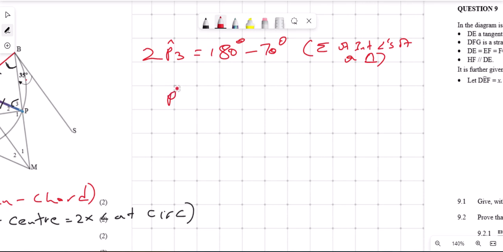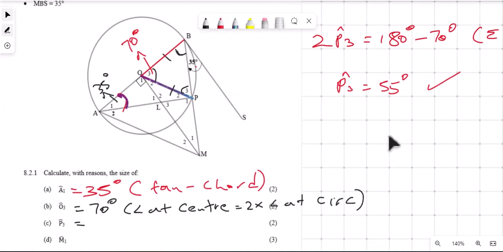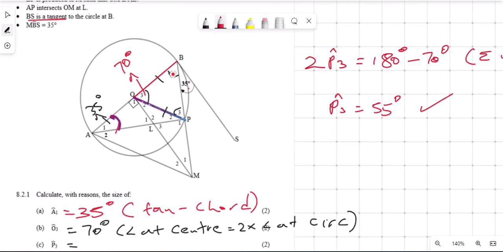Therefore, P3 is equal to 55 degrees. Dividing by 2. So there is your 2 marks. After you get it, you write it down. You won't regret. 55 degrees.